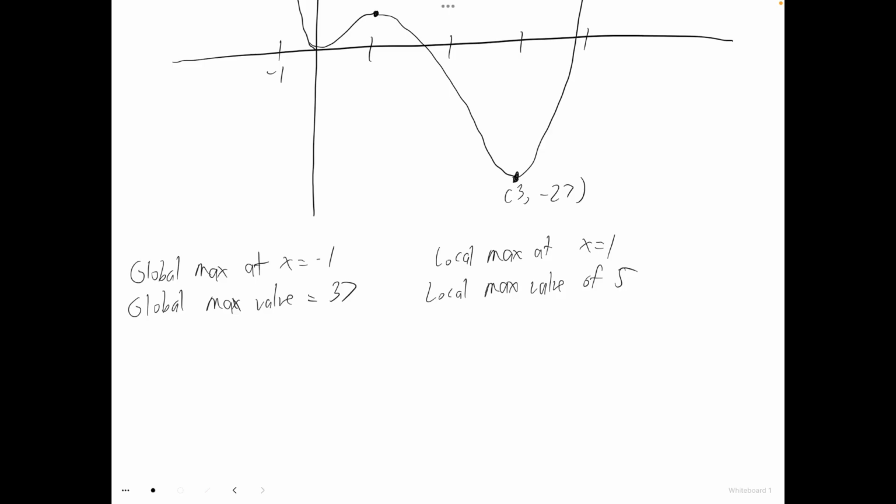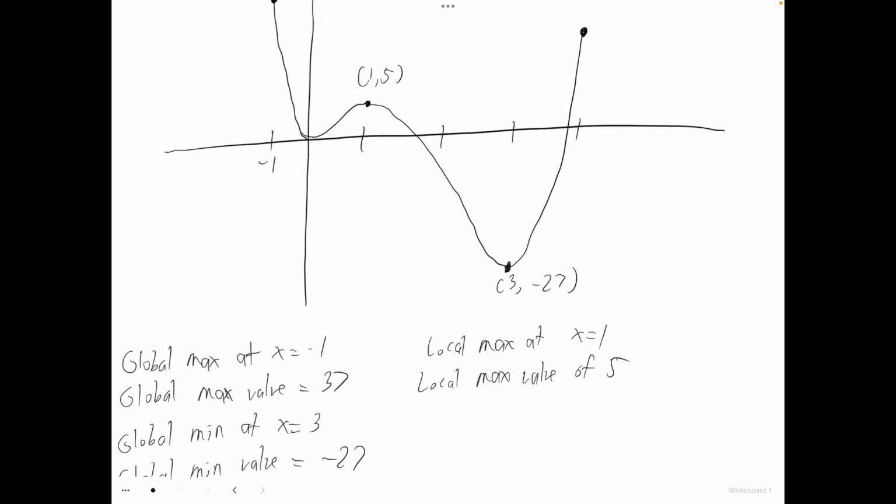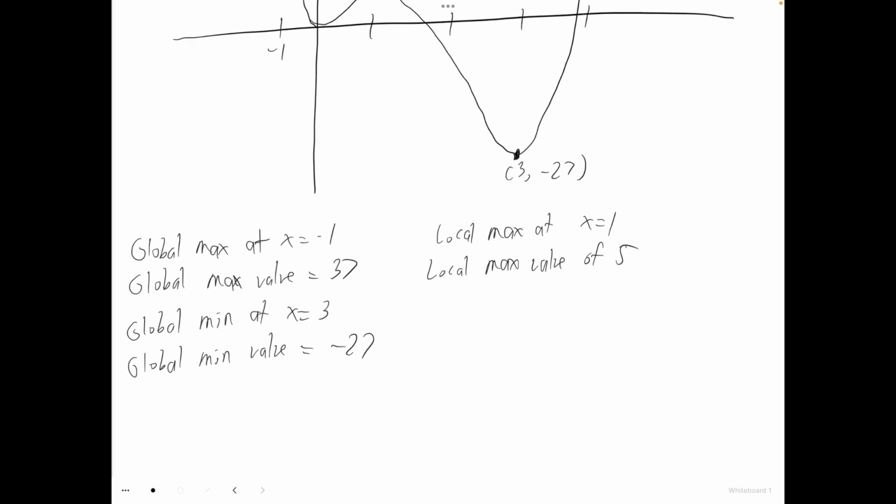And then (3, -27) is the lowest point, so we have a global min at x equals 3, and a global min value equal to -27. And so this is just to reiterate that vocabulary that we were mentioning before.